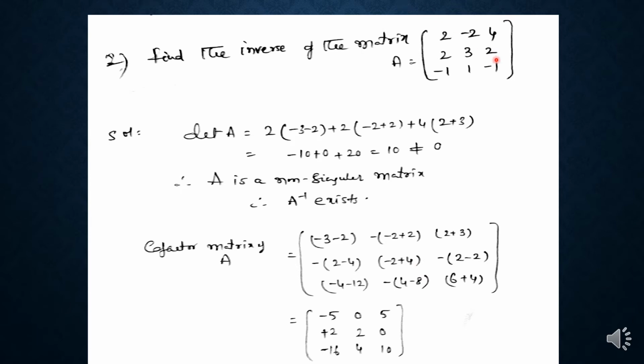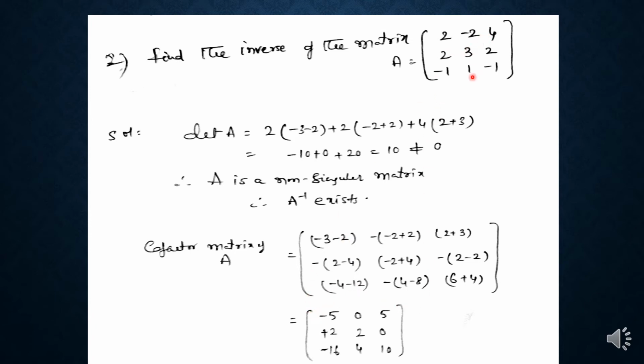Now coming to this element 2, here the cofactor of this element gets minus of, by deleting the column and row we will get 2 minus 2, minus 1, 1, that is 1 into 2, 2, minus of plus 2, that is minus 2. Next, coming to the first element in the third row, that is 2 into minus 2, minus 4, minus 3 into 4, minus 12.